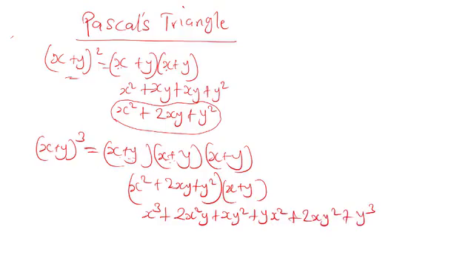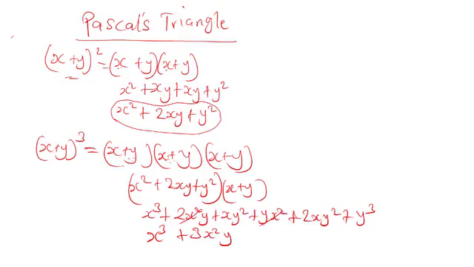Now I want us to see if there is any term that is related. There's xy squared, there's xy squared, and there's yx squared. So this becomes x cubed plus 2x squared y and yx squared, 3x squared y.